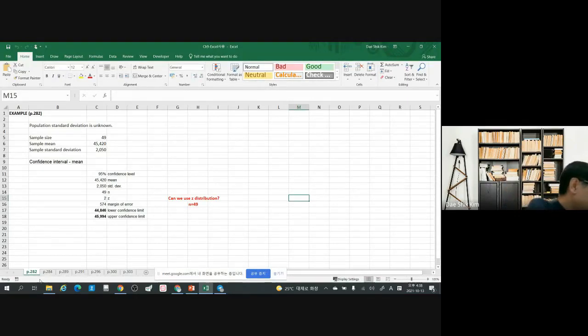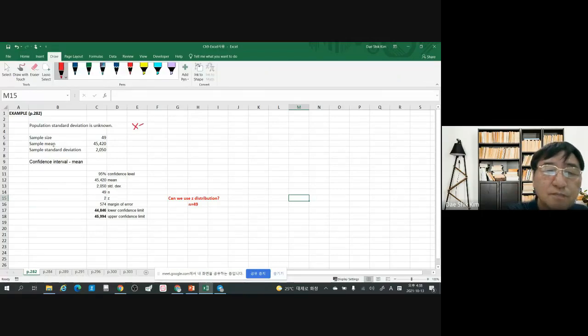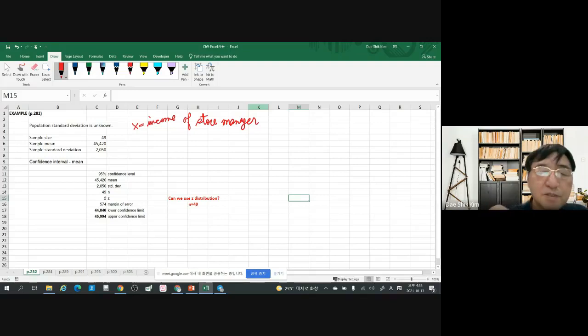Page 282. The American Management Association is studying income. The X is the income of a store manager.